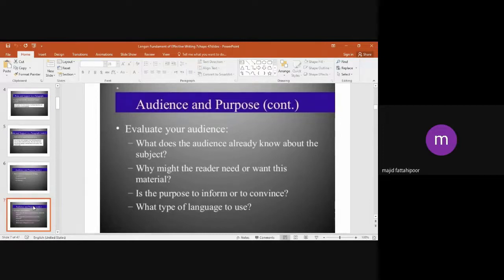It's like a reflection. It's like thinking about our audience: what type of language the audience is familiar with, or we can use with this audience. For example, academic writing is usually formal, right? But the level of formality can somehow vary, okay?